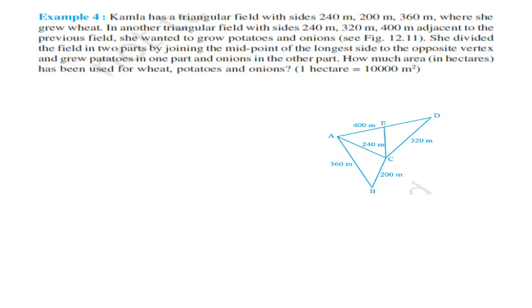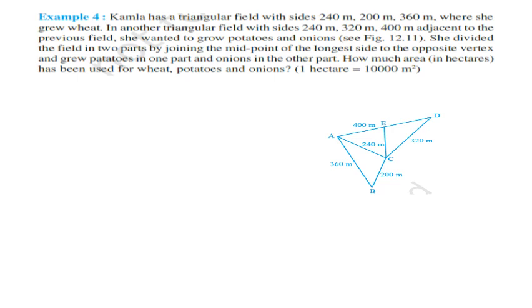She divided the field into two parts by joining the midpoint of the longest side to the opposite vertex and grew potatoes in one part and onions in another part. How much area in hectares has been used for wheat, potatoes and onion?